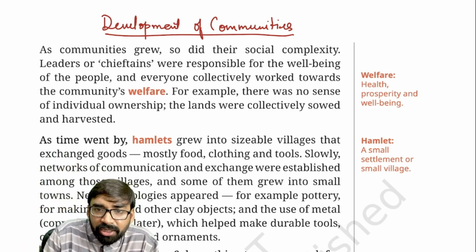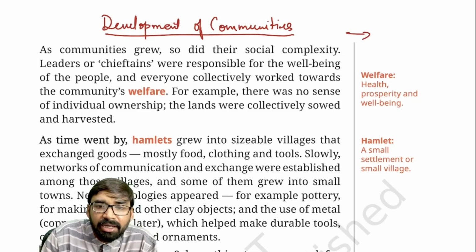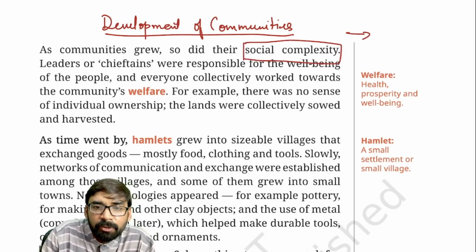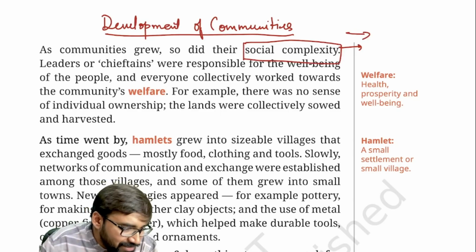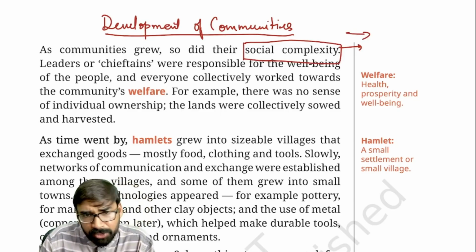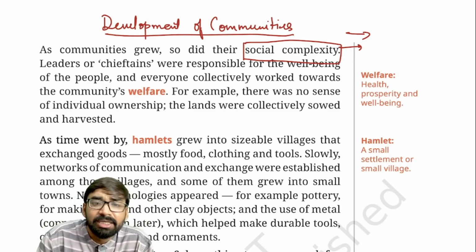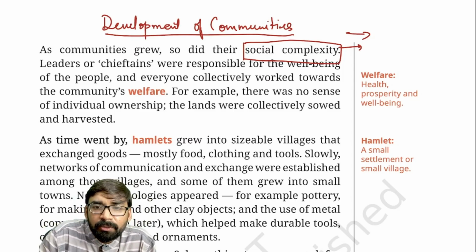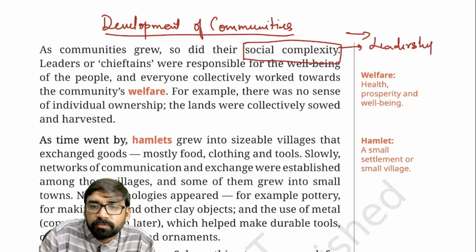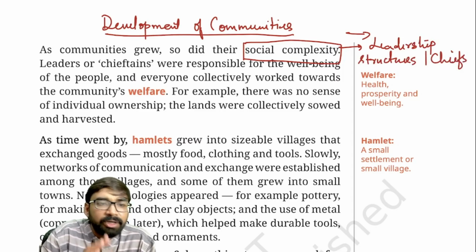So first of all, when communities get developed, then comes social complexity. As you can see this word here, social complexity also came into the structure. Now social complexity in the sense leadership structures got developed. You will see leadership structures or chief got developed.